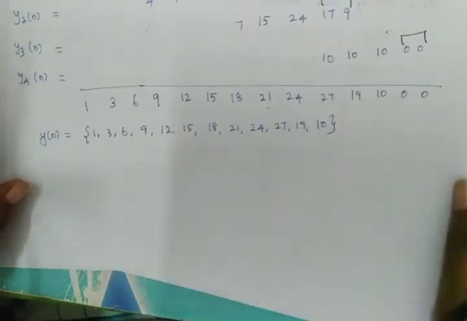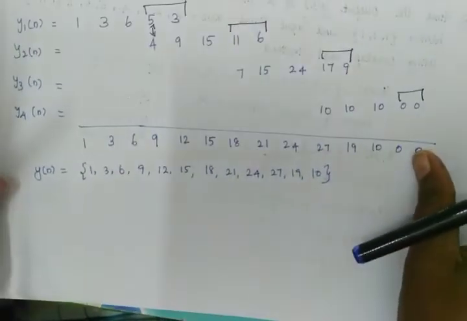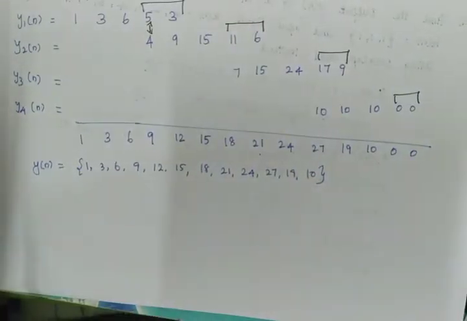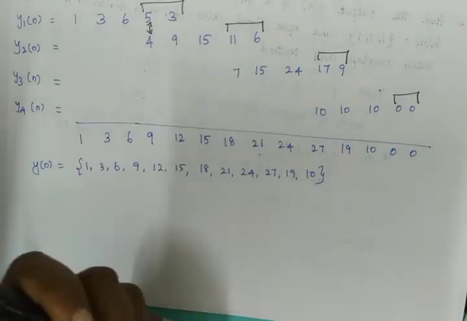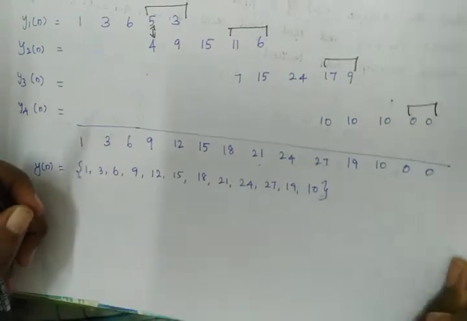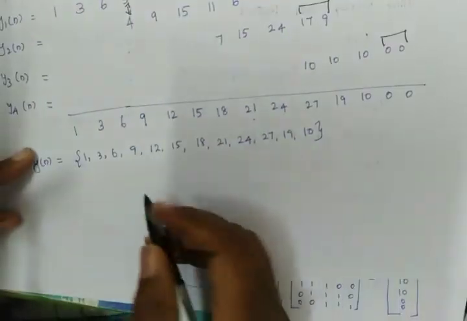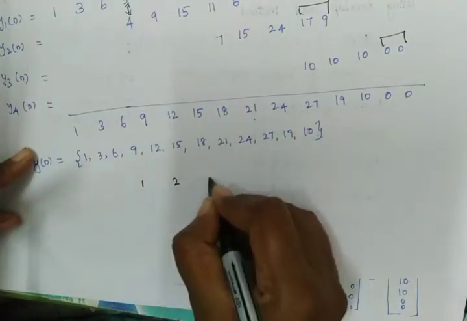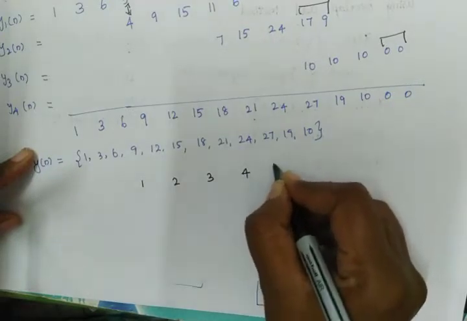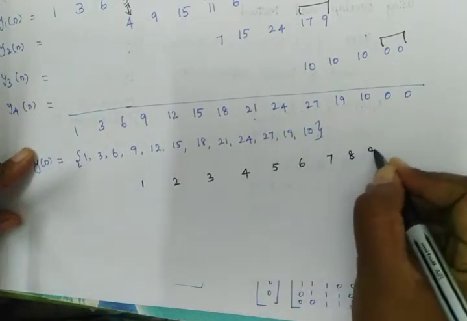Now how could we know that this is the correct answer? We can cross check this. How can we cross check this? I will tell you. Listen, what is the question here? The question is 1, 2, 3, 4, 5, 6, 7, 8, 9, 10. So write that 1, 2, 3, 4, 5, 6, 7, 8, 9, 10.